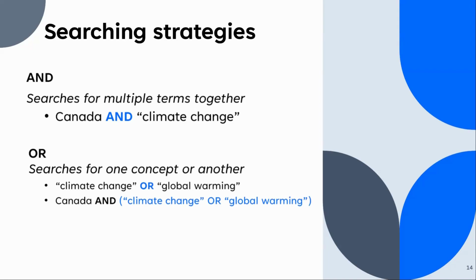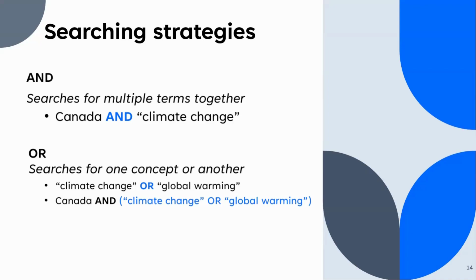Some authors might use the phrase climate change, but other authors might say global warming. In that case, you could use the word OR in capital letters between both of those terms, and it tells the database to search for either of those. If an article talks about both of them, it'll show up. If an article just mentions global warming or just mentions climate change, those articles will show up too.